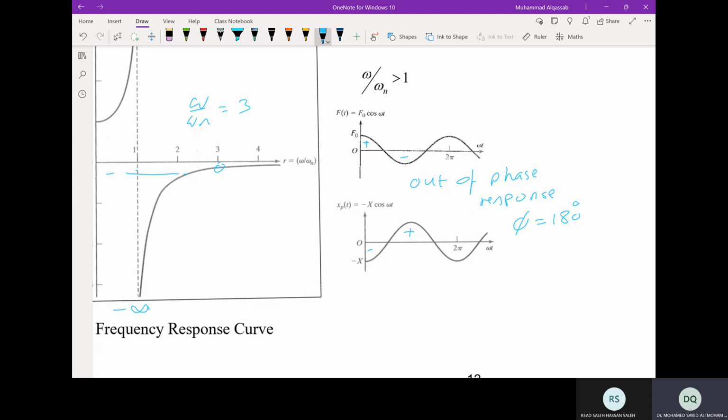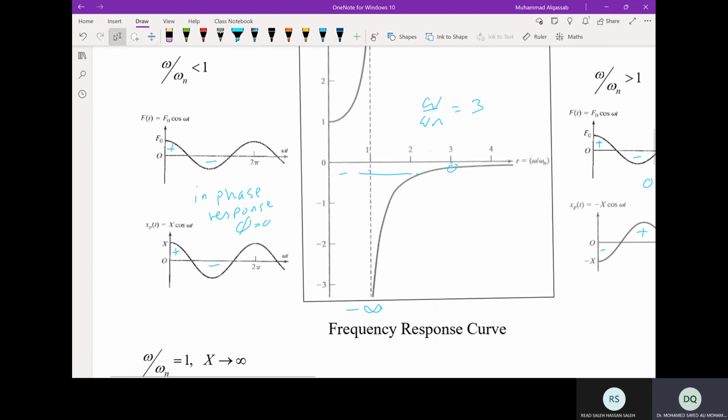So that is the out of phase, and this occurs when omega is greater than omega n for zeta equal to 0, or for c equal to 0. For zeta not equal to 0, we have seen that the phase is greater than 90 here, and for omega over omega n less than 1, the phase will be less than 90. So there is lag or there is lead, but it will not be 0 and 180. It depends on the value of zeta.